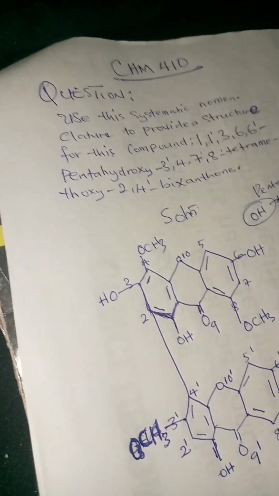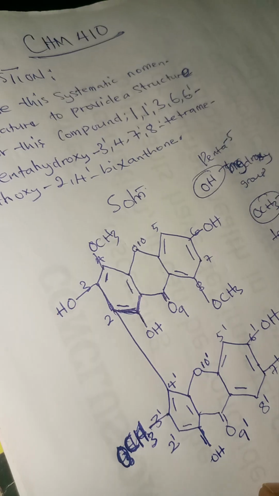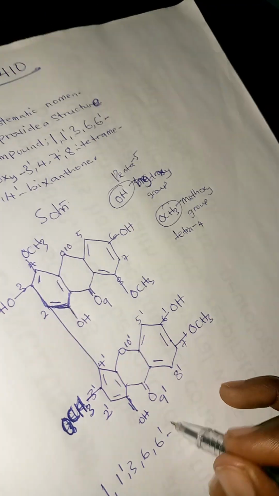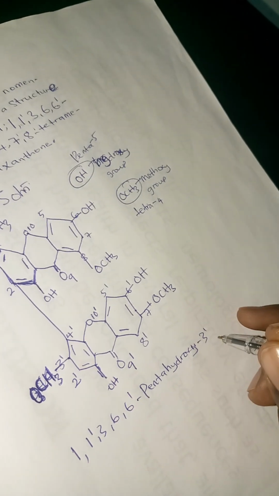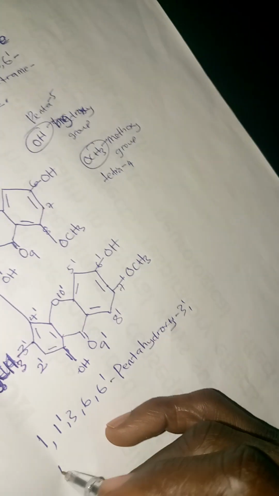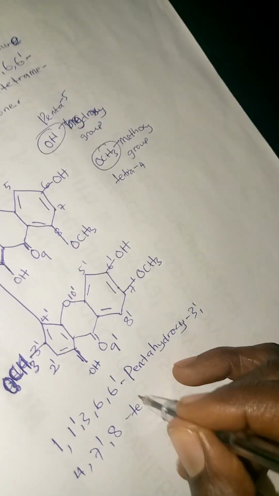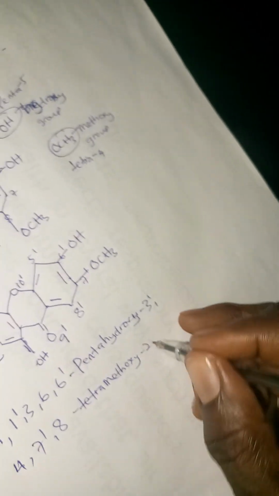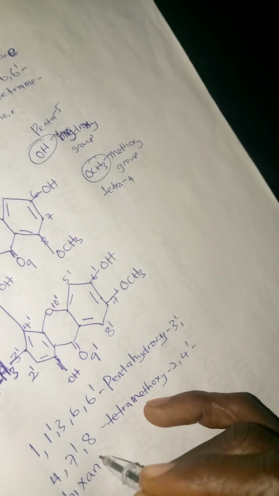This is what we call 1 prime, 3, 6, 6 prime-pentahydroxy, 3 prime, 4, 7 prime, 8-tetramethoxy, 2, 4 prime-bixanthone.